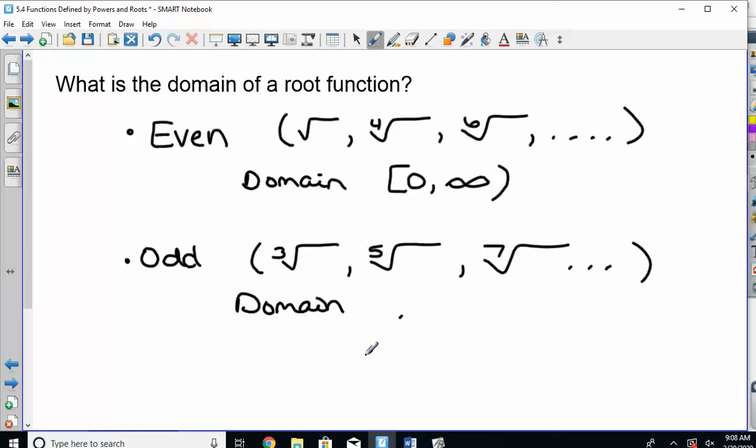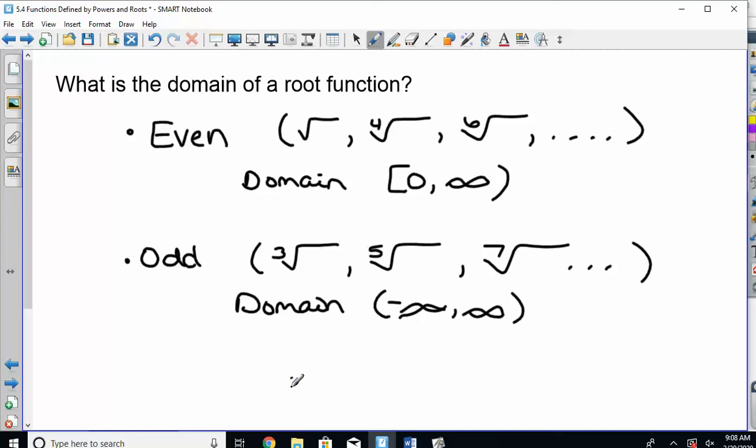What does it equal? -2. So if it's an odd root, you can have positives or negatives under there, so your domain is everything. So when we're talking about these domains, you'll have to look at your index, on the root itself, and see if we are dealing with an even or odd root, which will tell us what kinds of numbers we can put in.